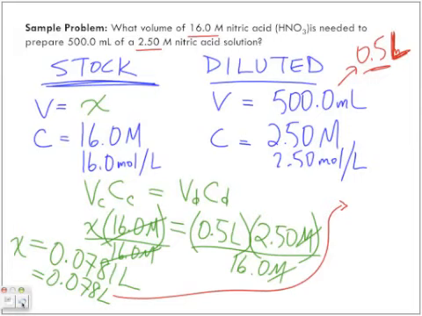So, what is it in milliliters? 0.0781 liters to milliliters is 78.1 milliliters. How many milliliters are there in 1 liter? 1,000, right? So 1,000 milliliters in 1 liter.